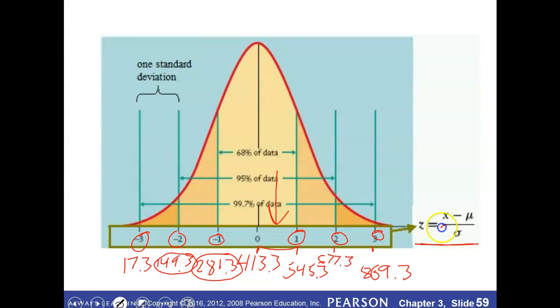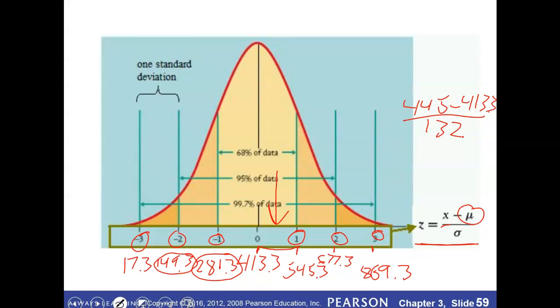We're going to take the actual observation, which in this case is 445, and subtract the average, which was 413.3. Then we divide that by the standard deviation, which is 132.